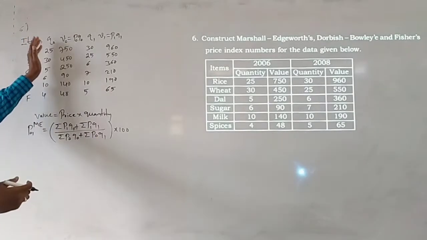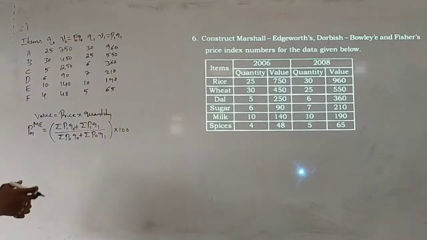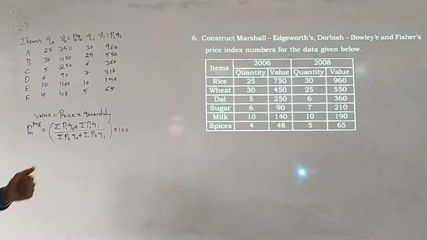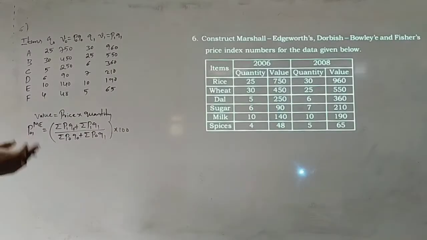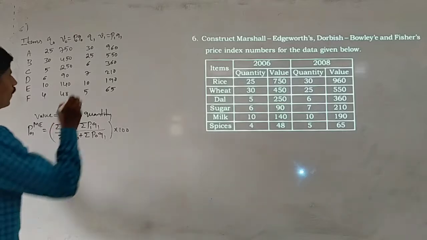Here they are given V0 and V1 values. Here P0 and P1 values are not given. You have to find P0 and P1 values. First you have to find P0 value.